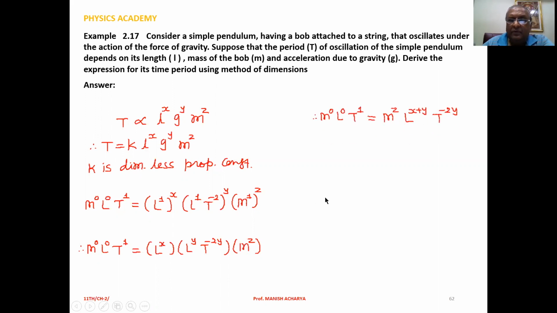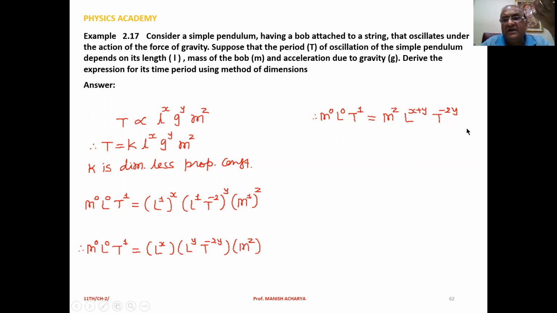Now we can rewrite this equation with the left hand side as it is, M0, L0, T1. On the right hand side, first write M raised to z. Then L raised to x into L raised to y, so resultantly you can write L raised to x plus y. Then T raised to minus 2y.